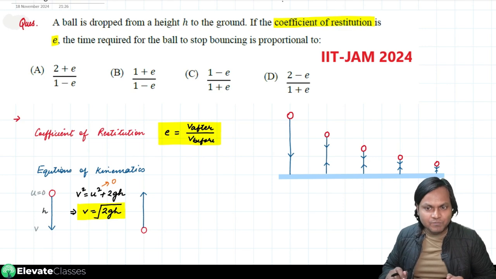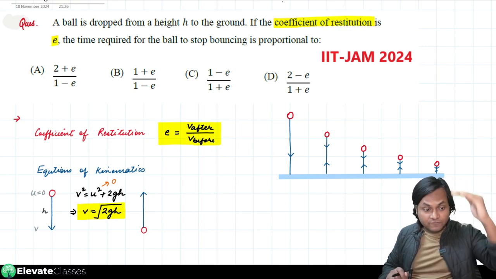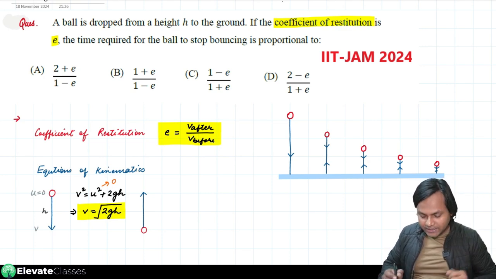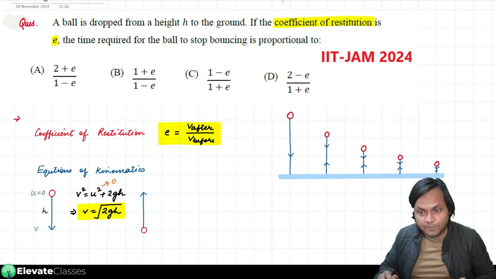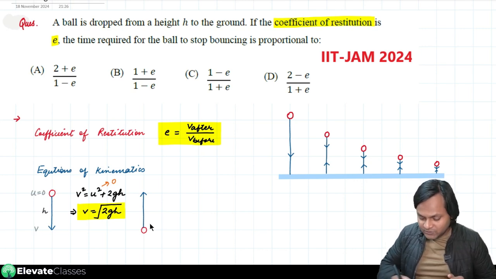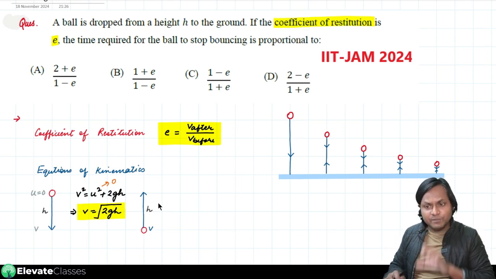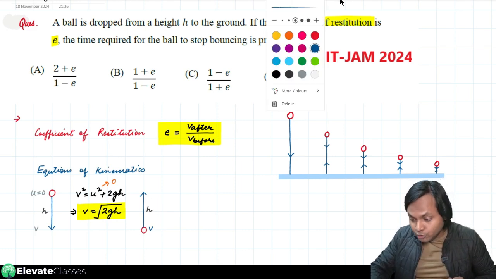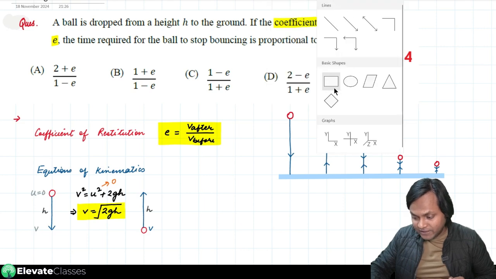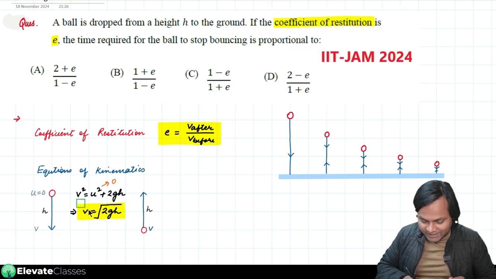So if a ball falls down a height h, it gains a speed of v, and if I throw the ball with a speed of v, then it will climb up a height h. This is a very simple expression that I'm going to be using in my table. That's why I have derived it at the very beginning itself.